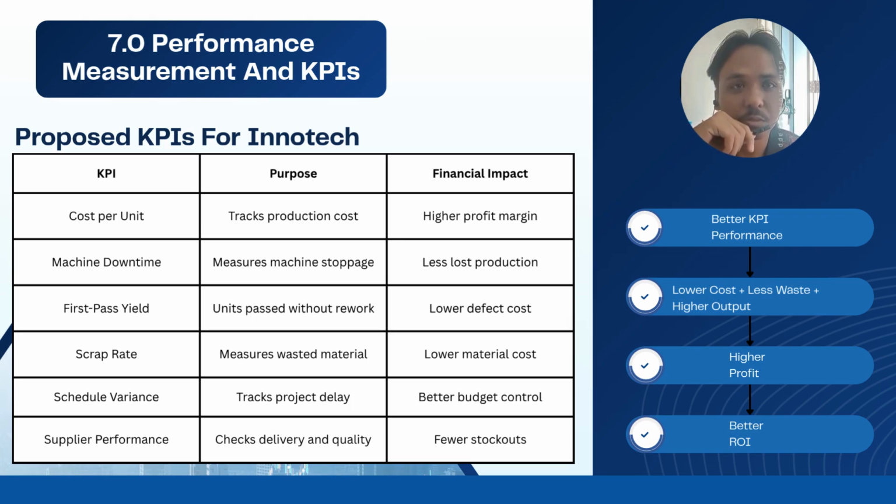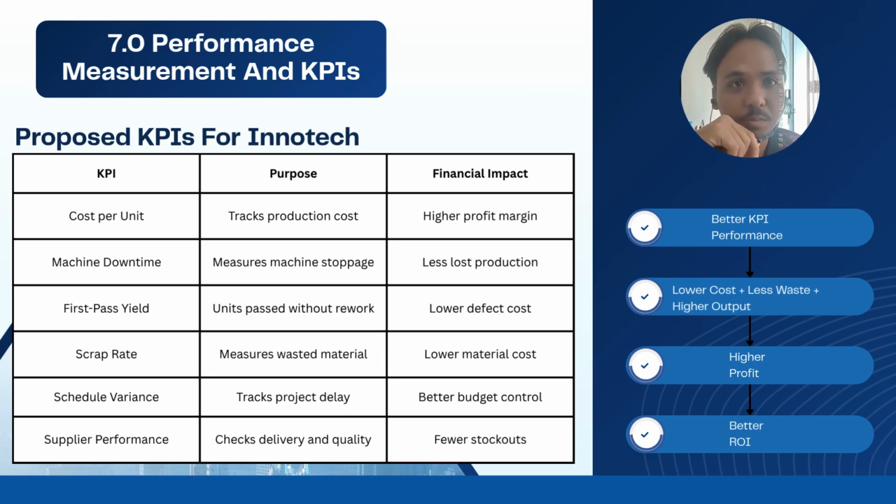For example, cost per unit tracks production costs, and the impact is higher profit margin. For machine downtime, the purpose is to measure machine stoppage to ensure less lost production. For first pass yield, it measures units that pass without rework, and the impact is lower defect cost.